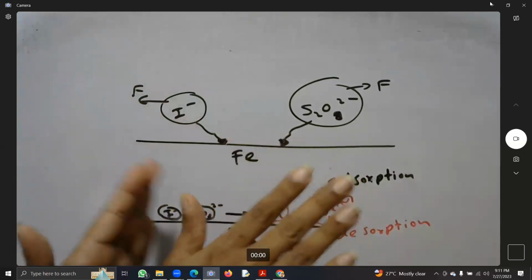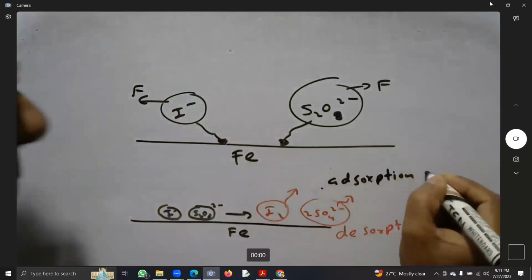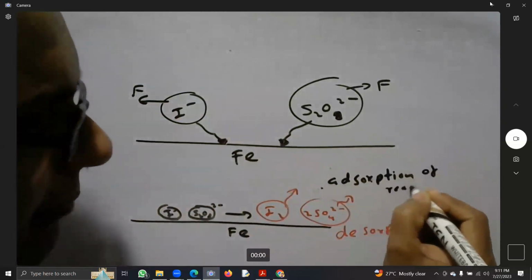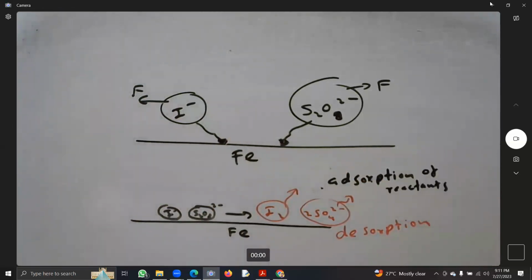There is no absorption here. You have adsorption and desorption. We call it adsorption of reactants, and desorption of products.